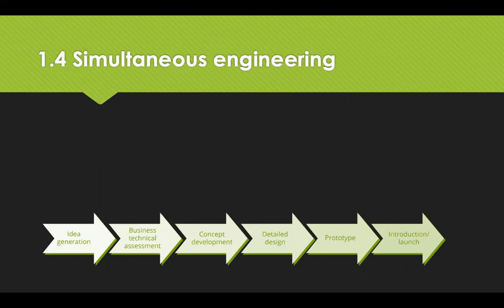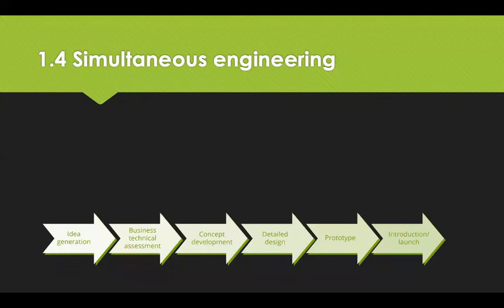So this is the traditional sequential development. So simultaneous engineering is an example of an innovative measure that can be taken to improve the supply chain. So the stages in the traditional approach are idea generation, business and technical assessment. We then develop the concept and the design, create a prototype, and then introduce or launch it to the market.